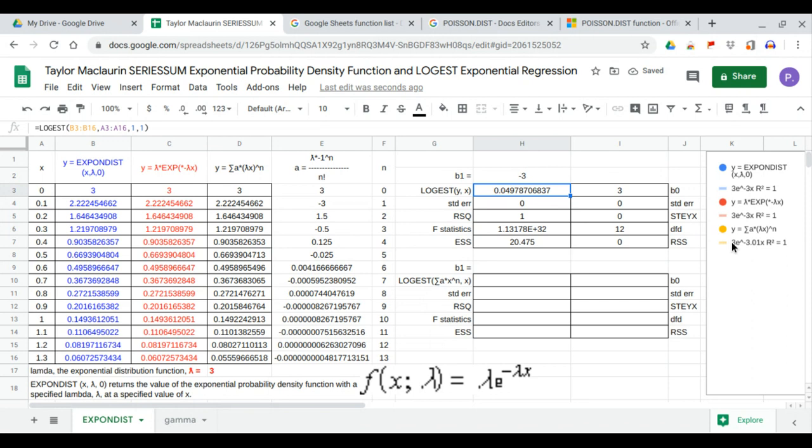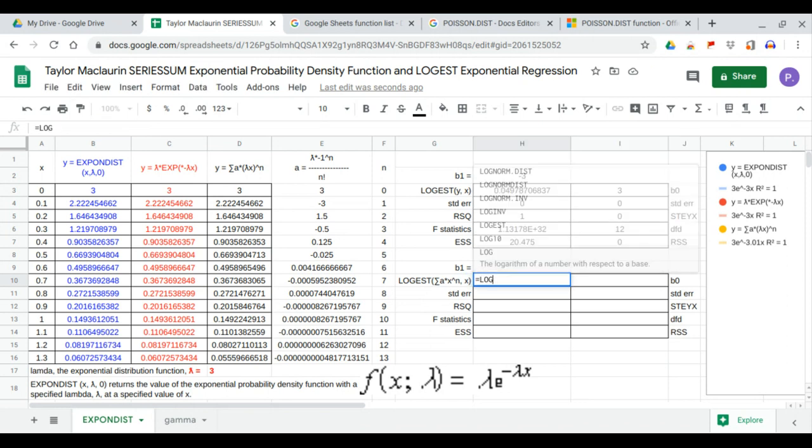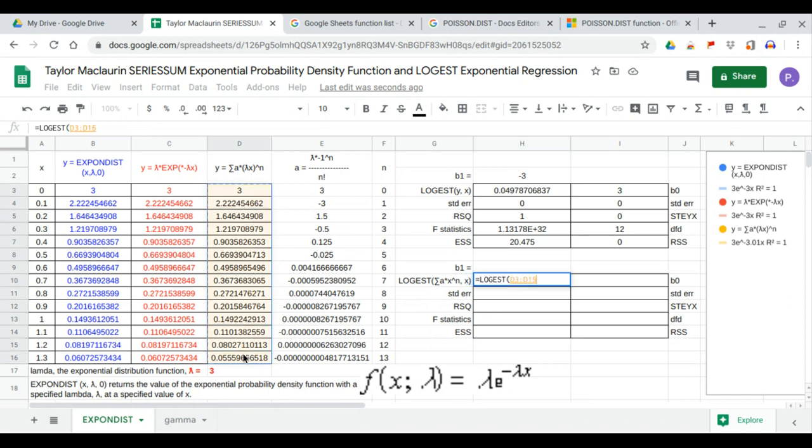So they're the same. Next, we regress the approximation, which is LOGEST of data y and data x. And we show the full statistics. Our b1 will be equal to ln of this value.